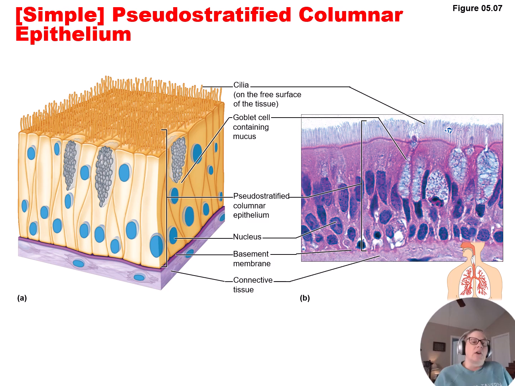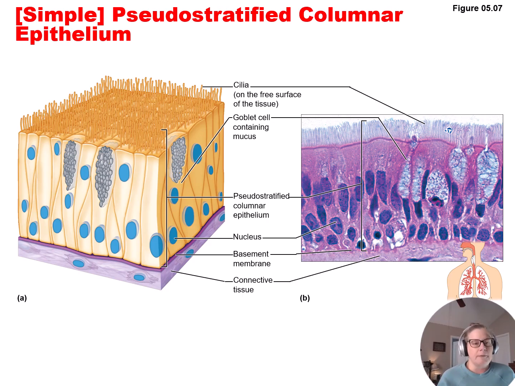Now we have a very special type of cell called pseudostratified columnar epithelium. Notice that I've put simple in brackets. This is because this is a type of simple epithelium, but that descriptor isn't really used when giving the name. Pseudostratified columnar epithelium is how we describe it.